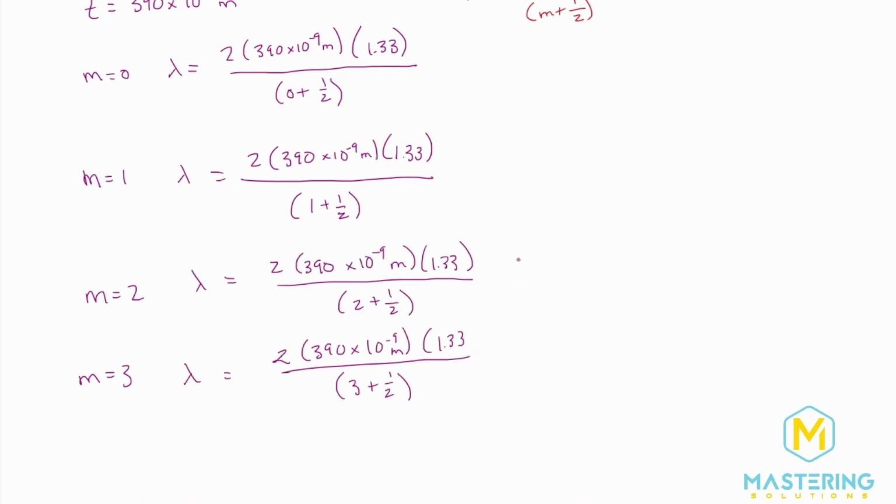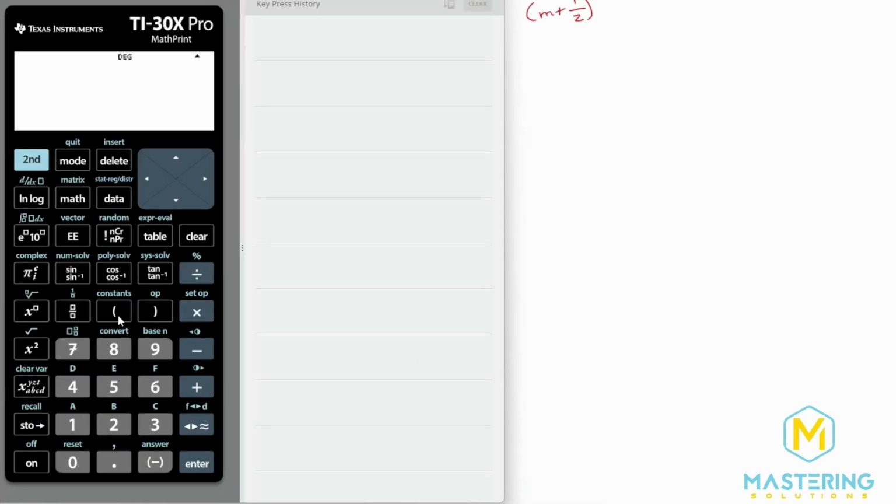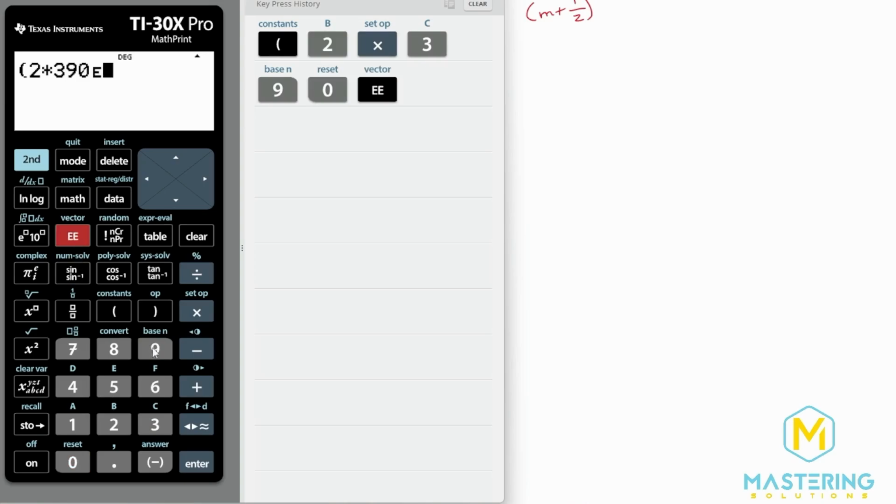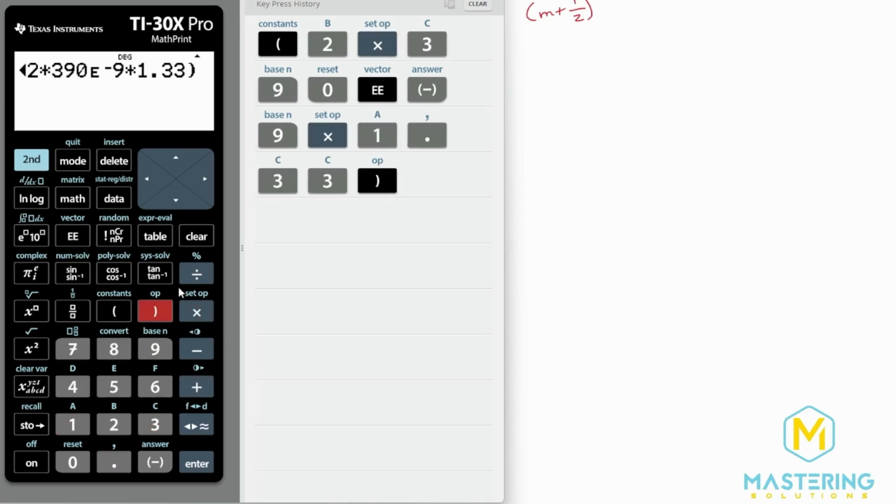All right, so now I wrote out all of our equations. Let's start off with those 4 and see where that takes us. So we have 2 times the thickness, which we said is 390 times 10 to the negative 9 meters. And then that gets multiplied by the index of refraction as well, so 1.33. And then all that's divided by m plus 1/2.